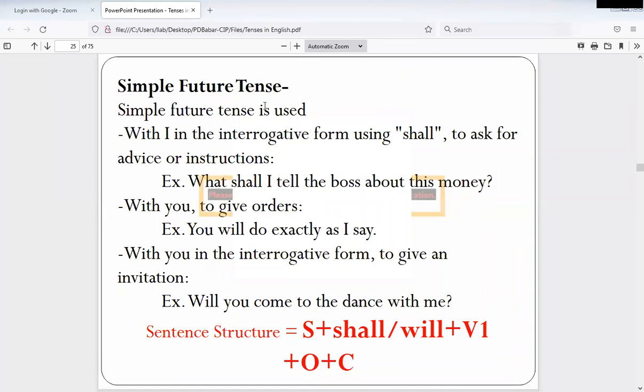Anyone from A division, B division, whom I called as absent? From your participants list, I have marked your attendance.